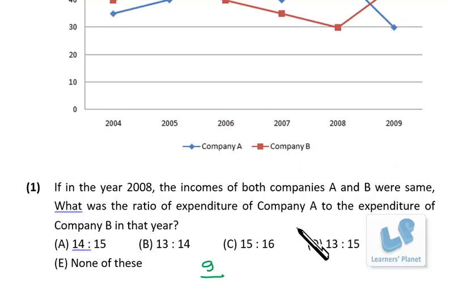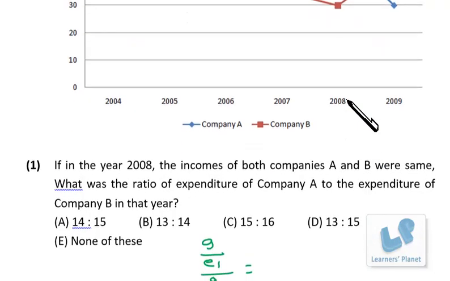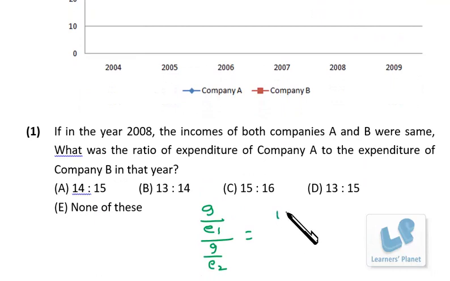For 2008, company A has 50% profit, so the income by expenditure ratio will be 1.5, and it is 1.3 for company B, right? So that is precisely 15 by 13. But we have to find E1 by E2, so this will actually be E2 by E1. So E1 by E2 will be 13 by 15. Okay, pretty simple.